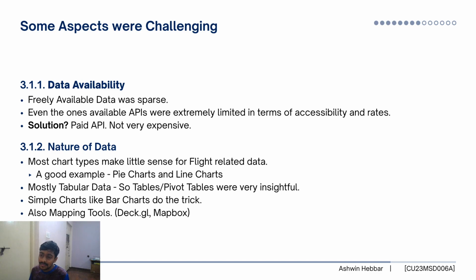Since flight data is mostly tabular data, in this case simple tables and pivot tables were very insightful rather than pie charts and all that. Of course, I'm also using bar charts, binning these things and visualizing them. So bar charts are a huge help here. I'm also using mapping tools such as DeckGL and Mapbox. In this case, I'm using Mapbox for visualizing the airspace itself.